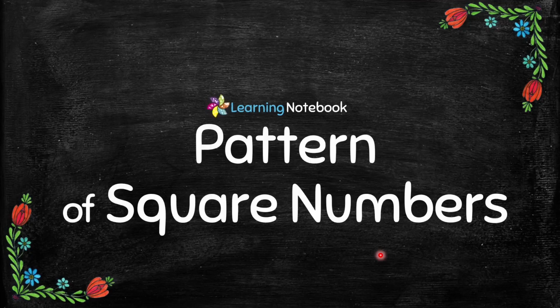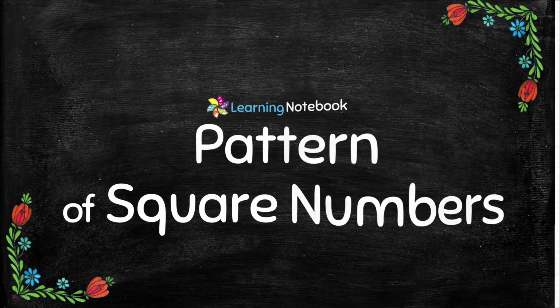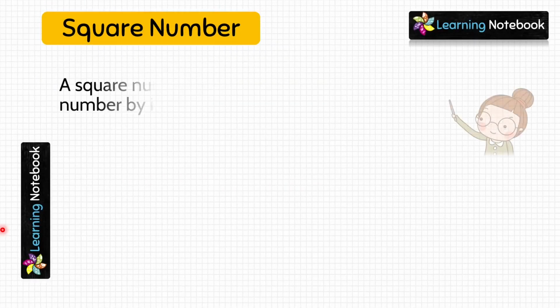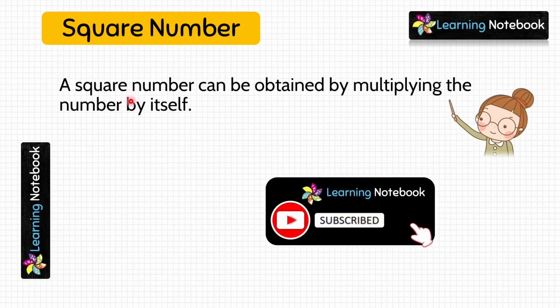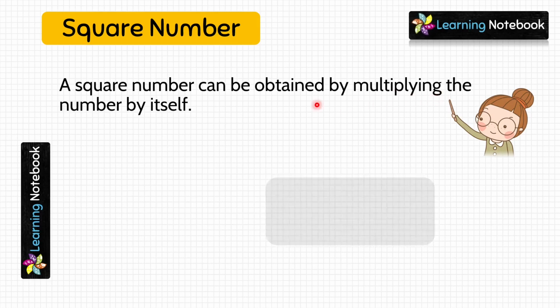Let's move to our next topic, which is pattern of square numbers. First, let's understand what is a square number. A square number can be obtained by multiplying the number by itself. For example, 1 into 1 equals to 1, 2 into 2 equals to 4.